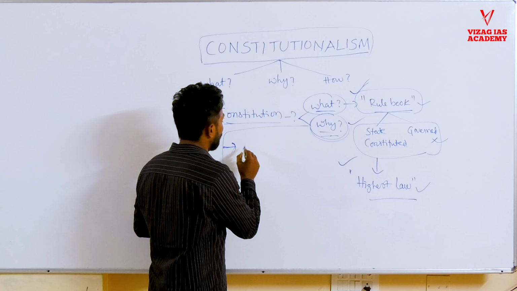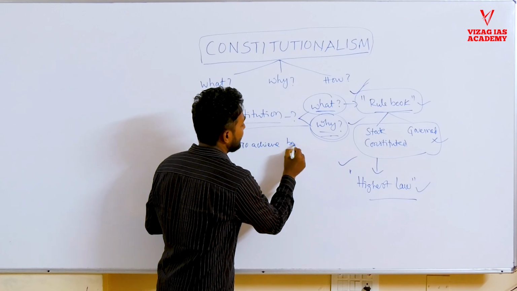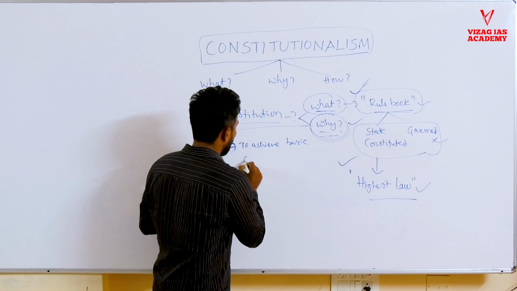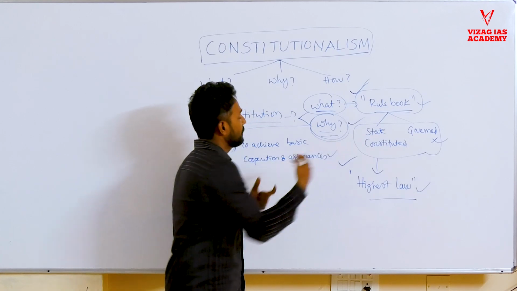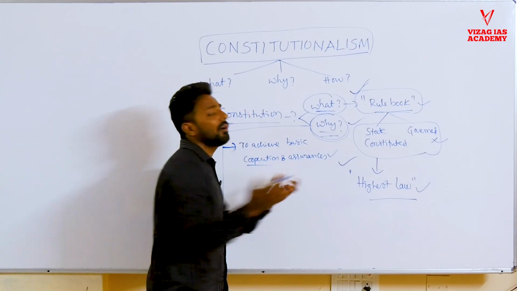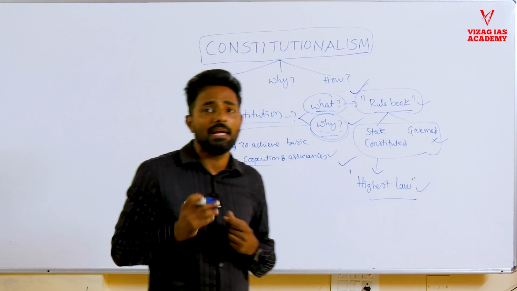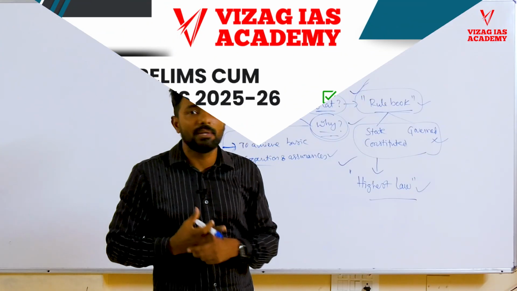The point number one is to achieve the basic level of cooperation and assurances, to secure the basic cooperation among all the citizens. We are a diverse country. In even a small group, so many differences will be there.